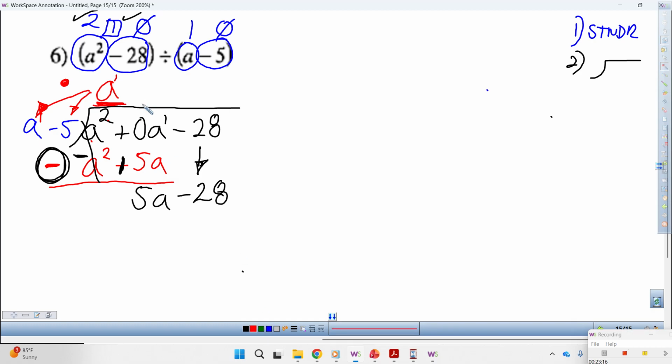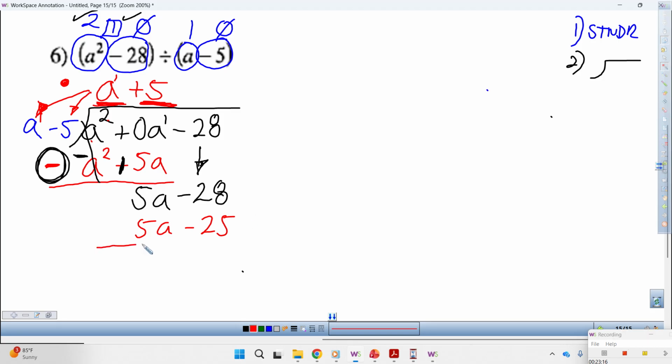And then we do the process again, the whole thing. What number times a gives me 5a? Positive 5. So 5 times a is 5a. 5 times negative 5, that's negative 25.